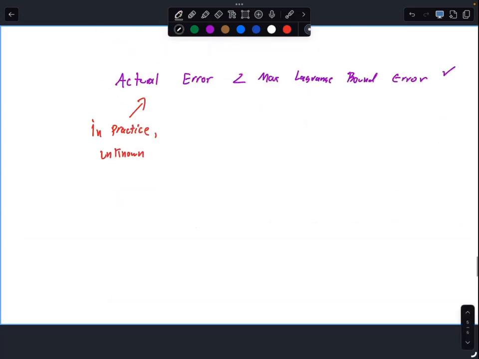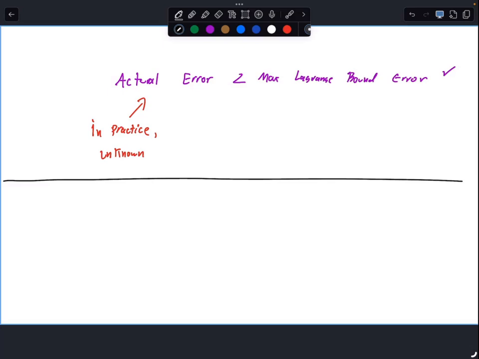All right. Now, computational, so Taylor is very accurate, but is computationally heavy.